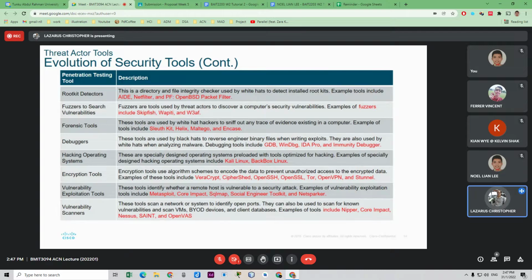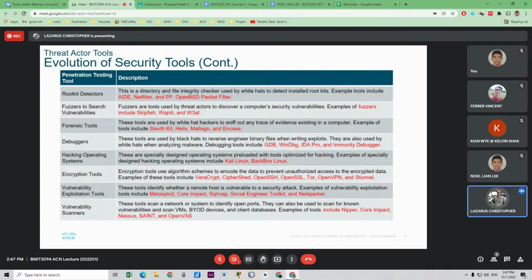And then forensic tools are basically tools to find out what happened. Actually, it has already happened, but in order to get on the trail of the cyber criminal and also to collect evidence, you need forensic tools. Because once you catch them, you have to prove it in court, right?